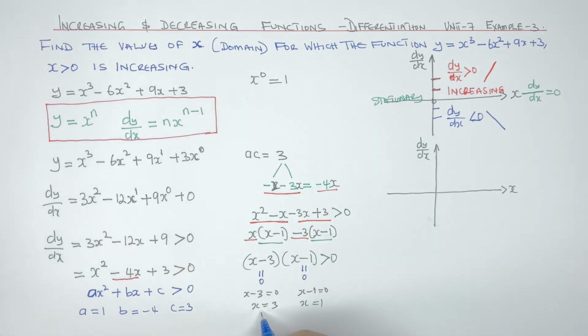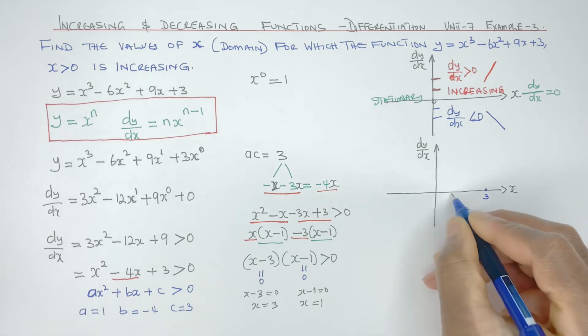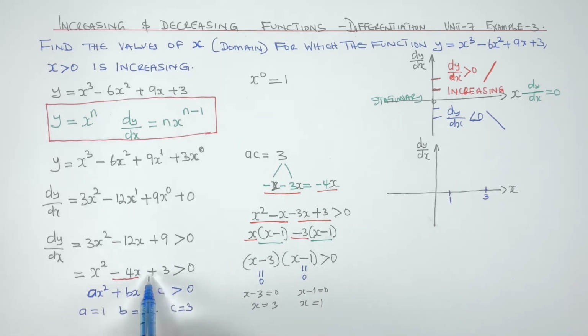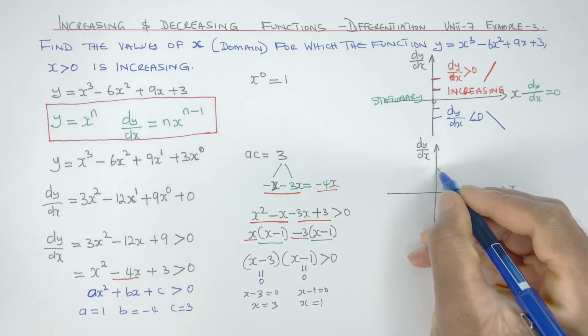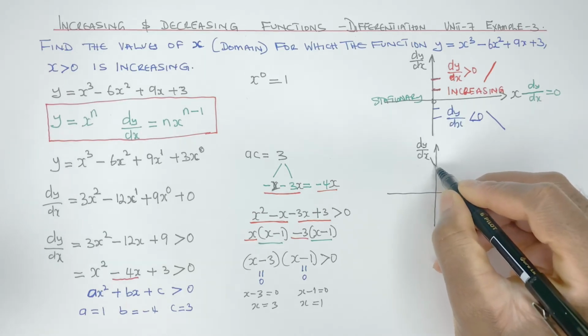I can see x equals 3, so that's 3 there, and x equals 1, so that's 1. And it crosses the y-axis, if you're sketching the quadratic, at 3, because when x is 0 here, dy/dx is 3. Or 9 if you're using that one, but I'm using these. So that'll be 3 there. So my curve will be going all the way there.